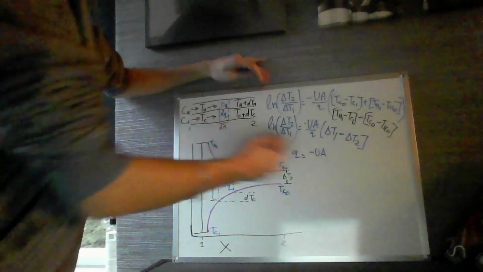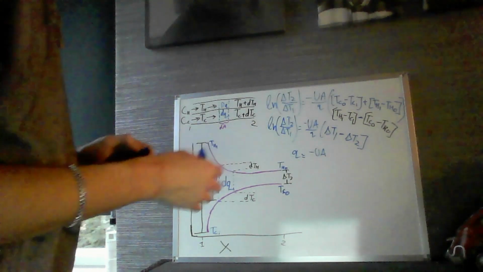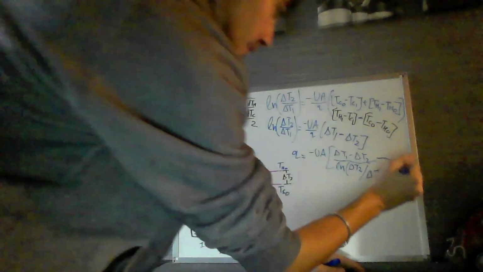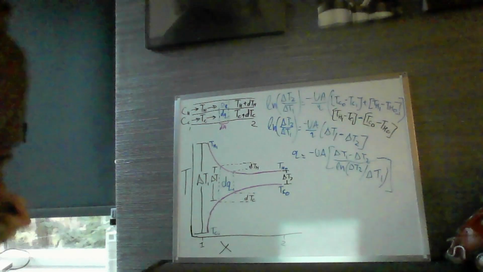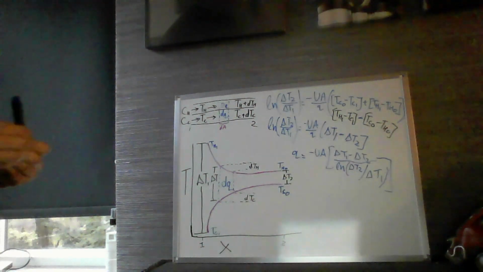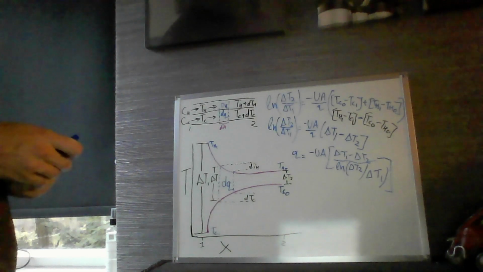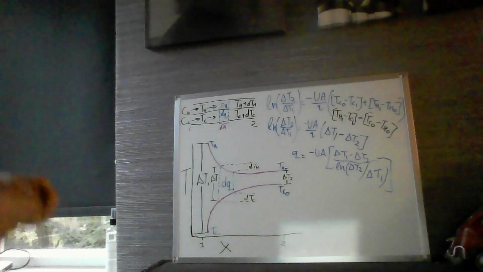So if we continue on, we get Q is equal to negative UA, multiplied by delta T1 minus delta T2, divided by ln of delta T2 divided by delta T1. Alright. Make sure that looks correct. Yes, okay, so there we have it.